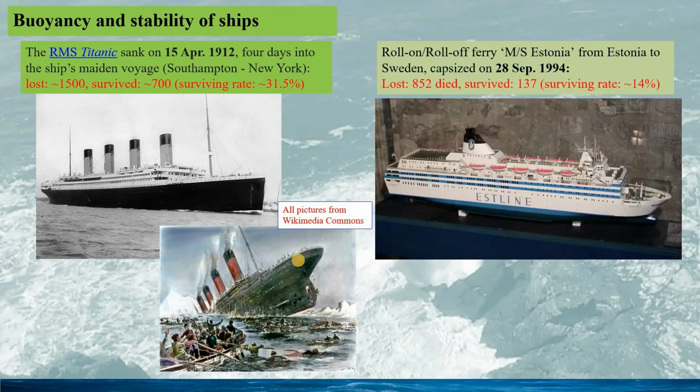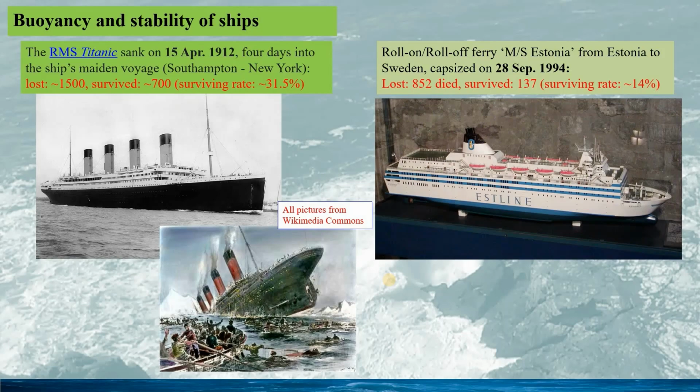The second disaster is the MS Estonia at the late part of the century, which capsized on 28 September 1994. During her voyage from Estonia to Sweden, the bow doors were damaged by large waves, and a large amount of water went into the car decks, causing the loss of the ship's stability, and the ship capsized, with 852 people dead and only 137 surviving.